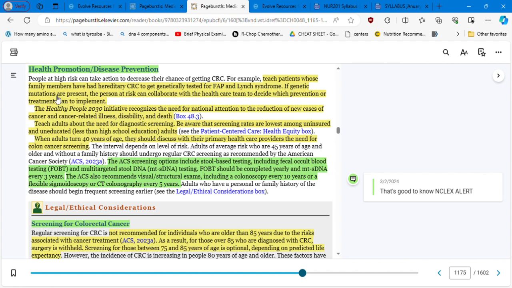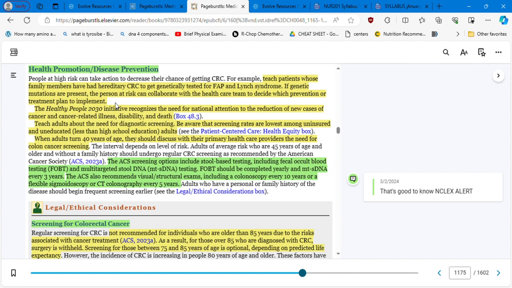If genetic mutations are present, the person at risk can collaborate with the PCP to decide which prevention or treatment plan to implement. So that is going to depend if the patient has comorbidities, additional risk factors like diabetes, hypercholesterolemia, hypertension, atherosclerosis, obesity, you name it, okay?